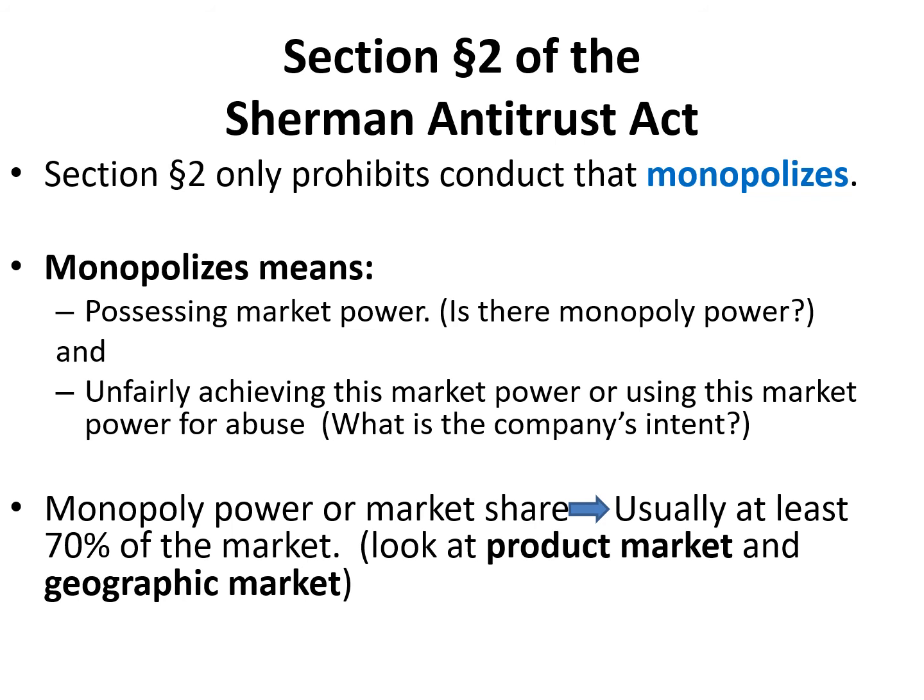Example, there is a case of Microsoft, and you probably read about it. Microsoft had 90% of the market for operating systems. 90% of the market. So clearly they have monopoly power within their market. But that in and of itself is not illegal.